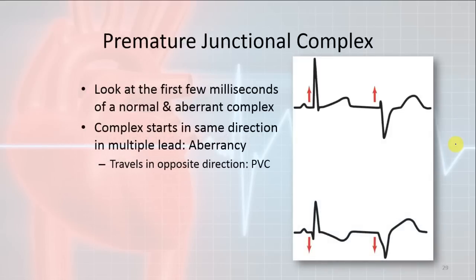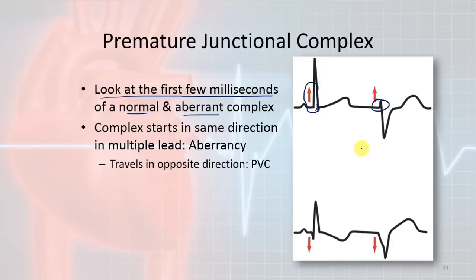So let's look at an aberrancy. To identify an aberrancy, you need to look at the first few milliseconds of the normal complex and the first few milliseconds of the aberrant complex.